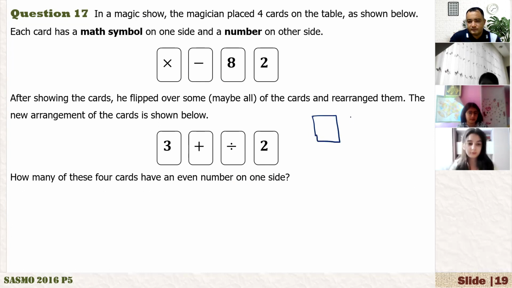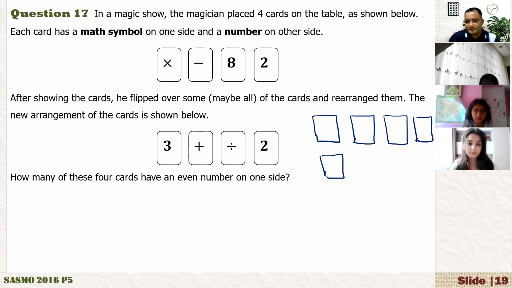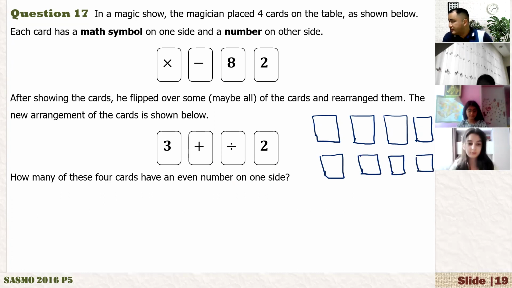Three, maybe. What did you say? Three. I sent you my answer in the chat box. Okay. Elmira, can you explain quickly why you got 3? Why is your answer 3?